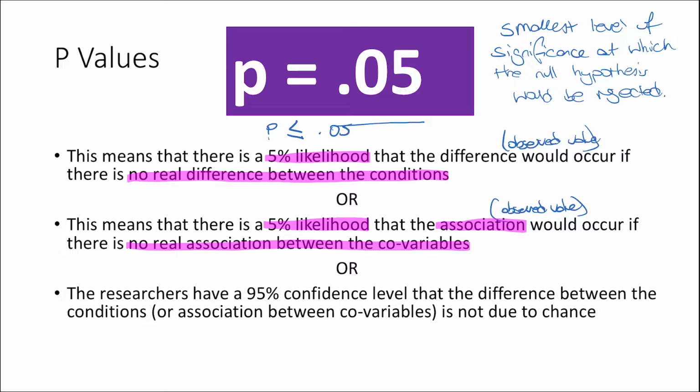In other words, we are 95% confident that the difference or association we're observing is not due to chance. On the flip side, we're 95% confident that the difference or association is real and not due to chance.